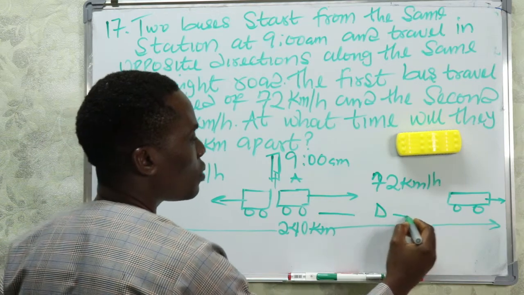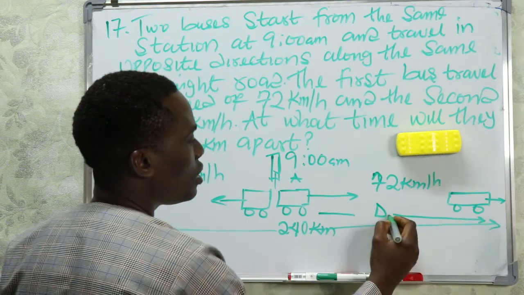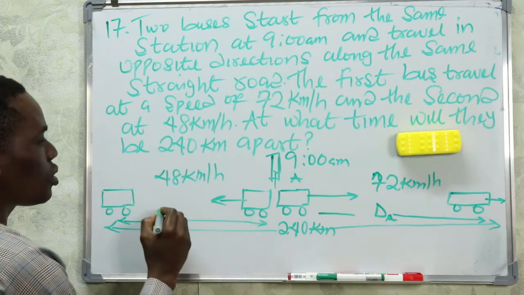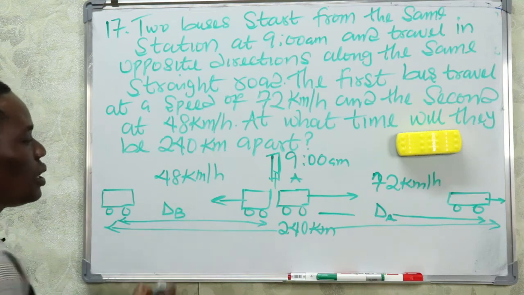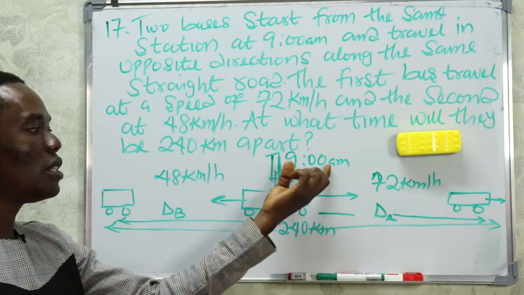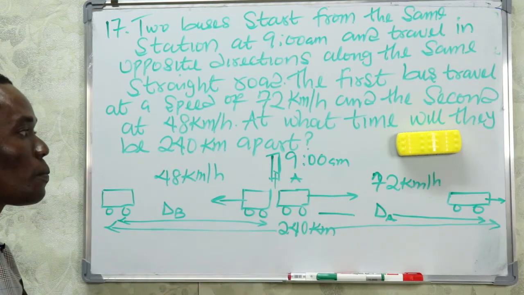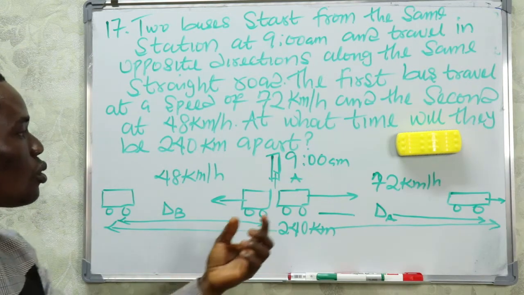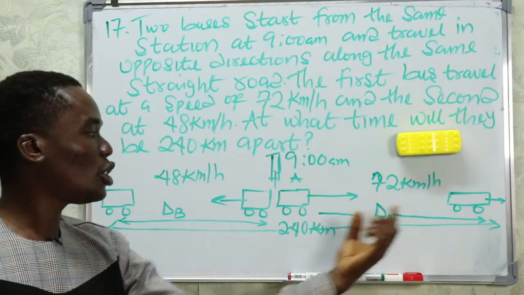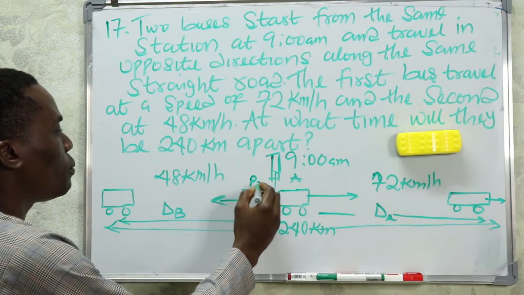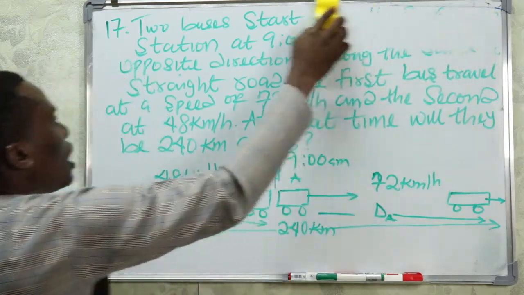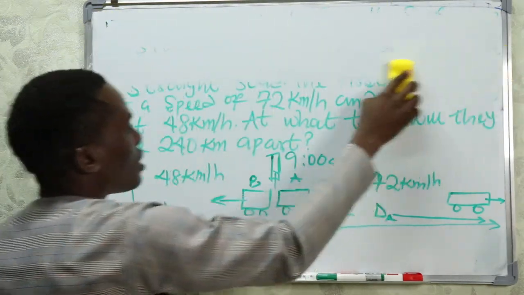The distance traveled by this bus, let's take it as dA, and the distance traveled by the other bus, we take it as dB, is unknown. But we know their speed and we know the time they departed from the station. Now what we need to do is to first calculate the distance that A traveled from the bus station and the distance that bus B traveled from the bus station. Now let's do that and let's see where we'll arrive at.